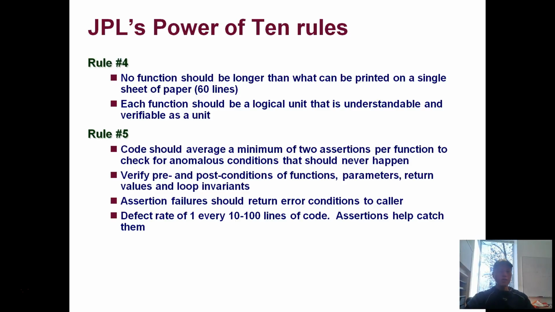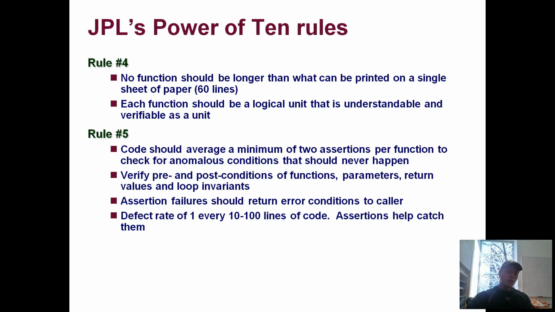Rule number 5, the code should average a minimum of 2 assertions per function to check for anomalous conditions. So you should sanity check. Asserts are little checks in your program to sanity check the state of your program. And typically you'll see in production code a lot of pre-condition verification and post-condition verification of functions and their parameters and their return values, just to make sure what is given to these functions is what you're expecting.